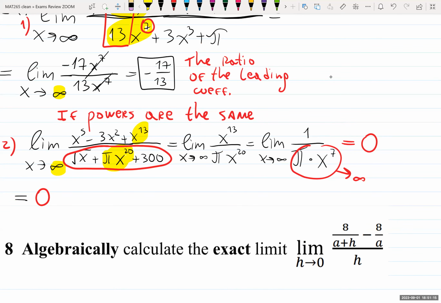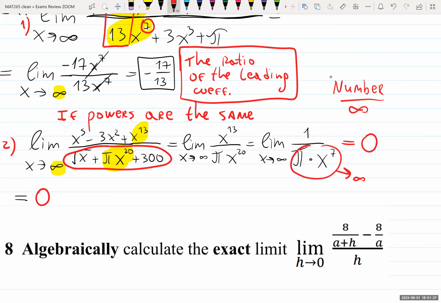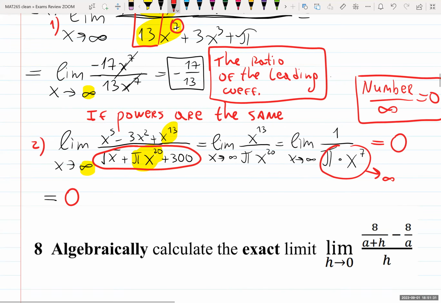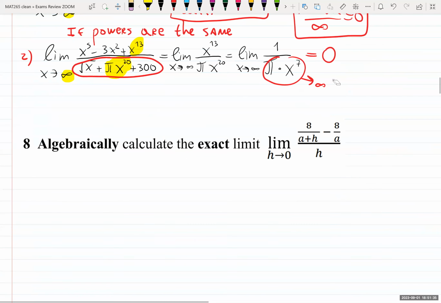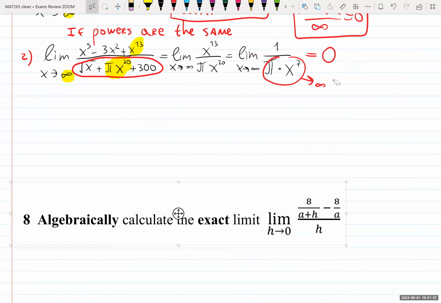So if the degrees are the same, it's going to be the ratio of leading coefficients. If the denominator wins, then you have a number over infinity. That gives you 0, because everything shrinks fast as the denominator blows up. And the third example, as you can imagine, is what happens if the top wins.